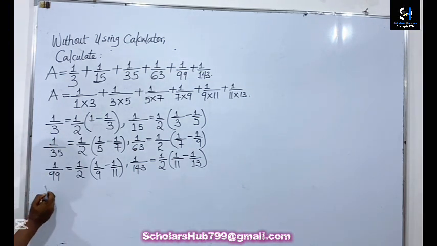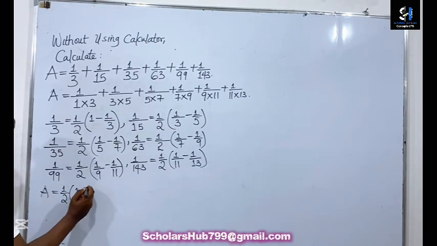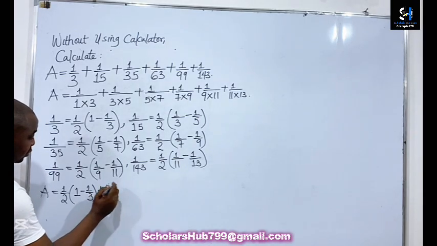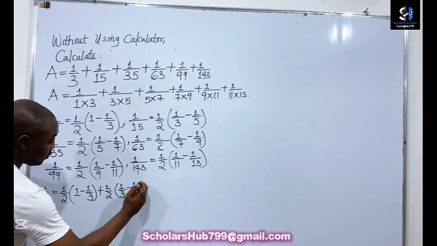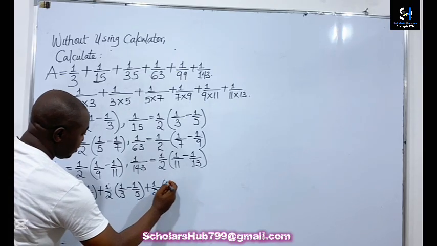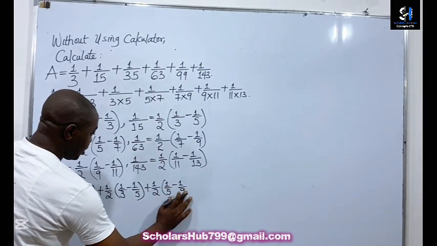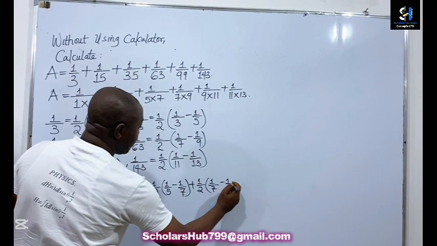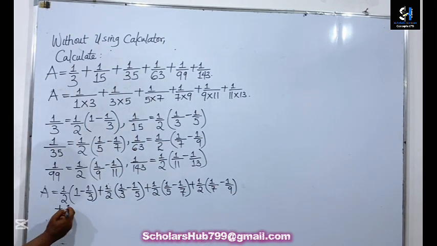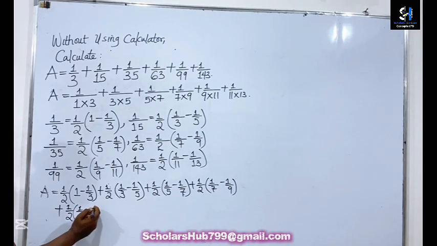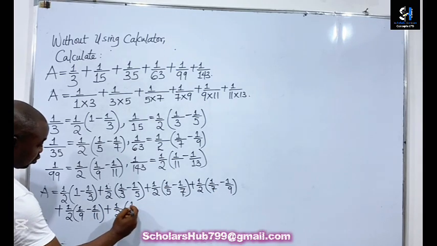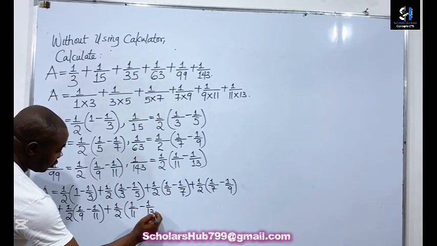So A is now equal to 1/2 times 1 minus 1 over 3, plus 1/2 times 1 over 3 minus 1 over 5, plus 1/2 multiplied by 1 over 5 minus 1 over 7, plus 1/2 multiplied by 1 over 7 minus 1 over 9, plus 1/2 multiplied by 1 over 9 minus 1 over 11, then plus 1/2 multiplied by 1 over 11 minus 1 over 13.